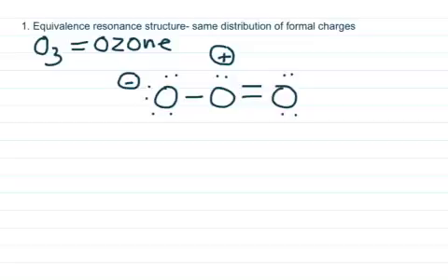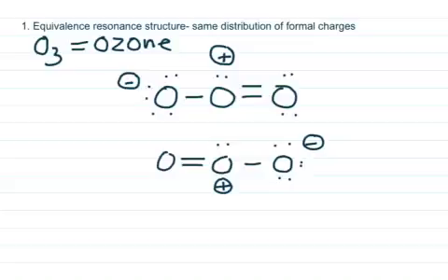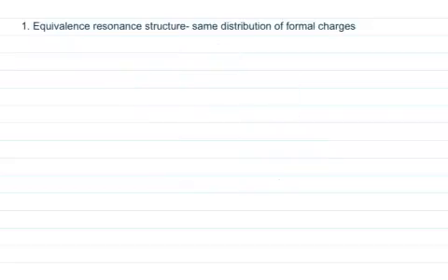Now, ozone can also be written as this, where the double bond switches. So instead of being on the right, it's now on the left side. So it's an equivalent resonance structure. That means the same distribution of formal charges.